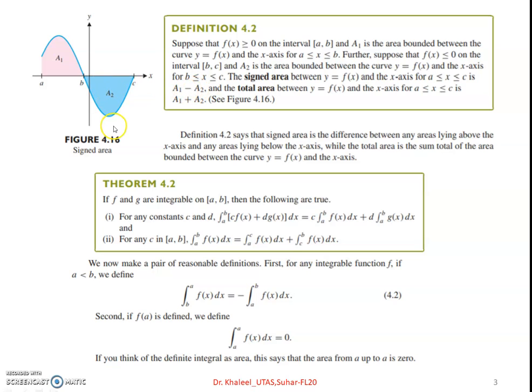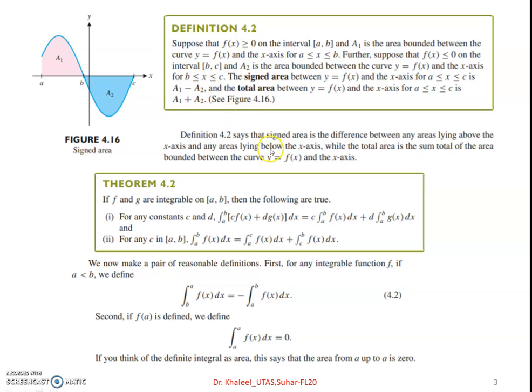A2 is subtracted because it is below. Then the total area is the area A1 plus the area A2. So look at it: the signed area is A1 minus A2 and the total area is A1 plus A2.